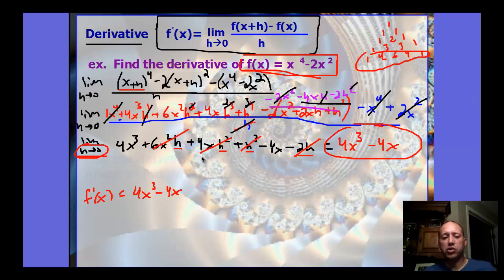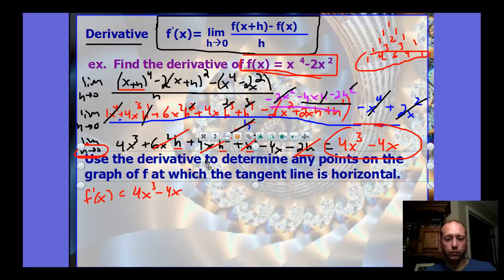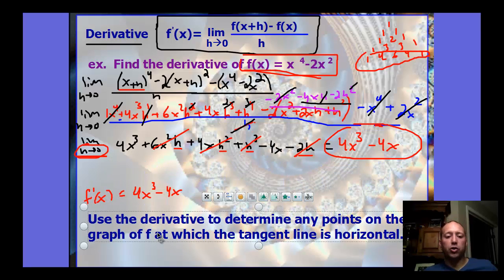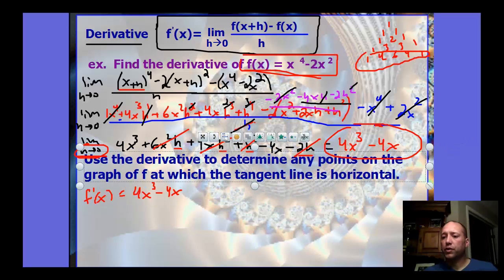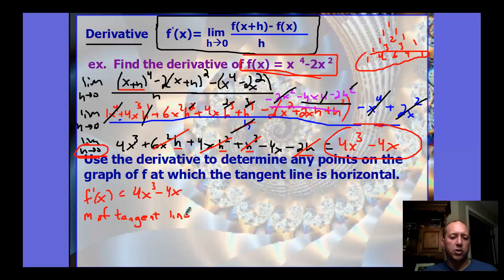Now, the deeper question is, do you see a relationship there? How can you get there quickly using a shortcut? We could use the derivative to determine any points on the graph of f at which the tangent line is horizontal. The slope of the tangent line is found by using this derivative.